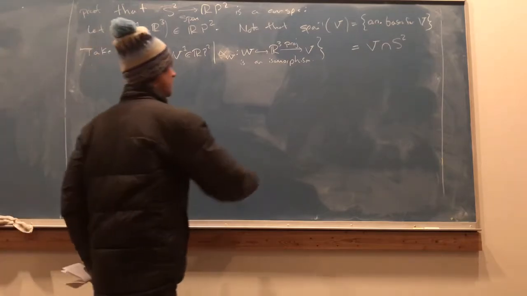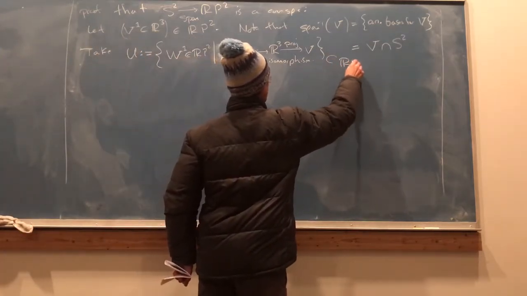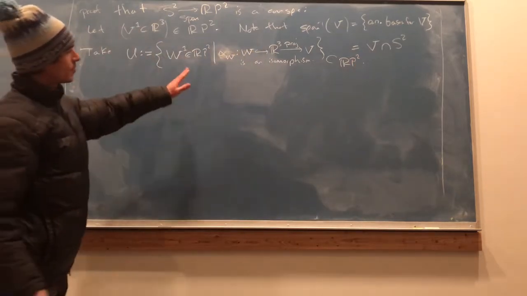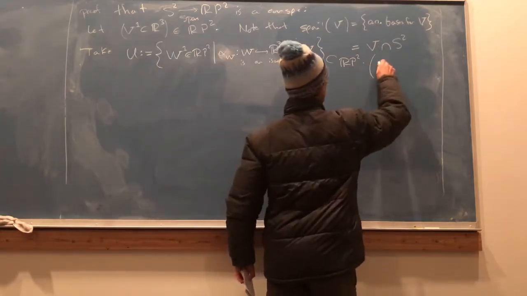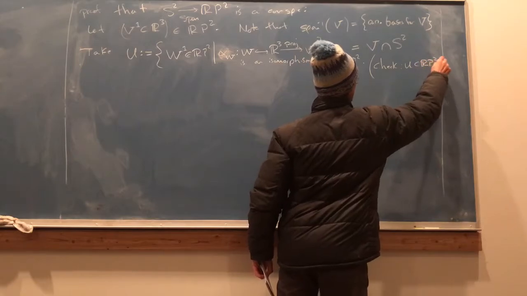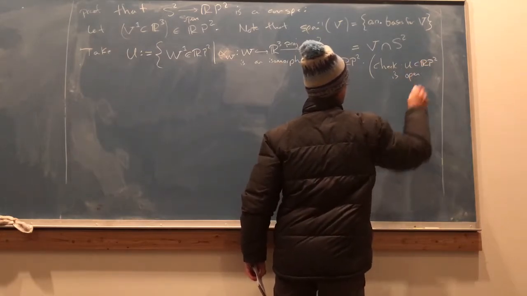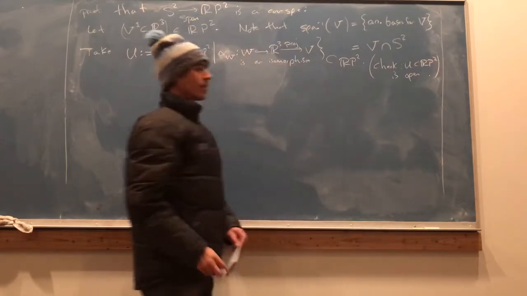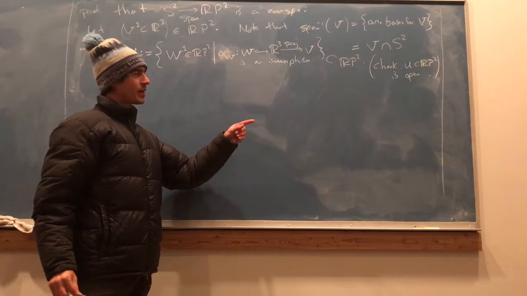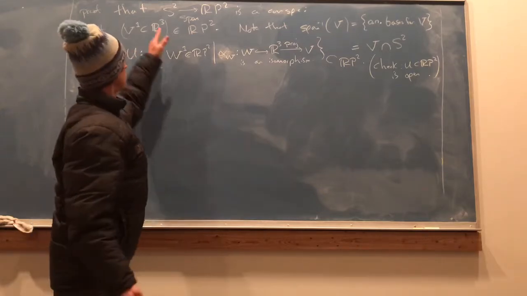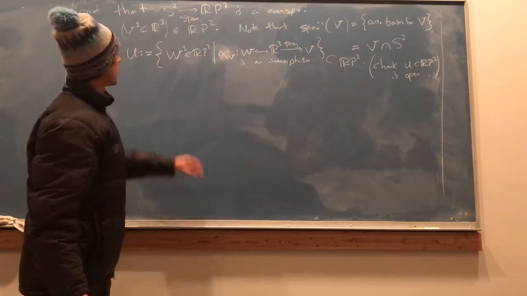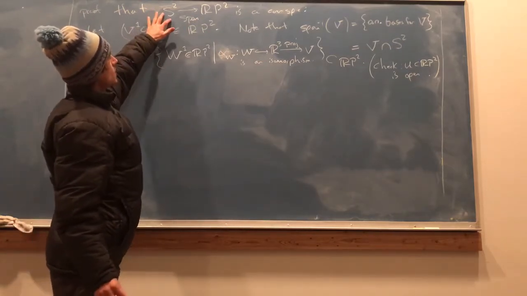So that's evidently a subset of RP2. Now I'm going to leave it to you to check that U in RP2 is open. To check that is to use the only topology there is on RP2, which is the quotient topology from this map. So to check that assertion is to check that the preimage of U inside of S2 is an open subset.